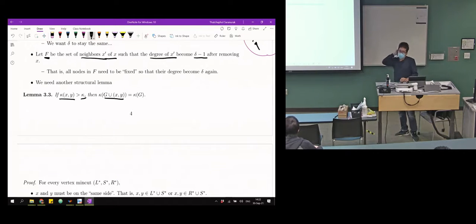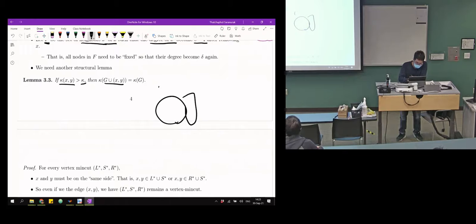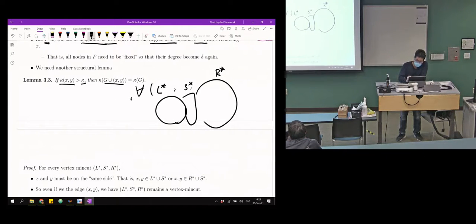And that is kind of easy to see, because basically we know that if you take any min cut L, S, R, for any min cut, you know that X and Y cannot be on different sides.